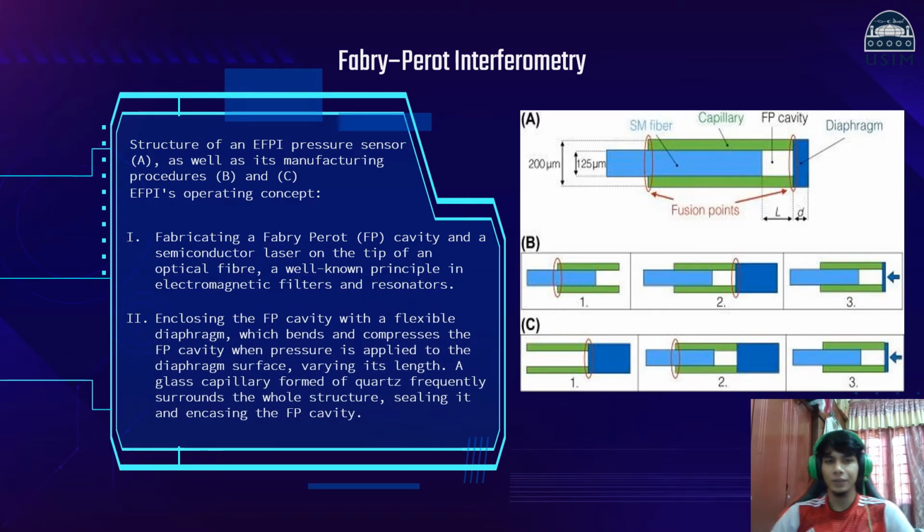The second one is enclosing the FP cavity with a flexible diaphragm which bends and compresses the FP cavity when pressure is applied to the diaphragm surface. Verify its length. A glass capillary or quartz frequently surrounds the whole structure, sealing it and encasing the FP cavity.